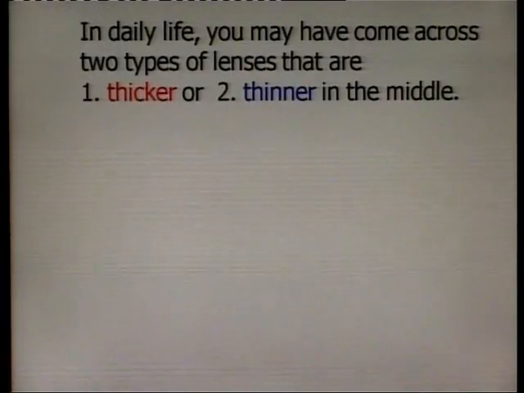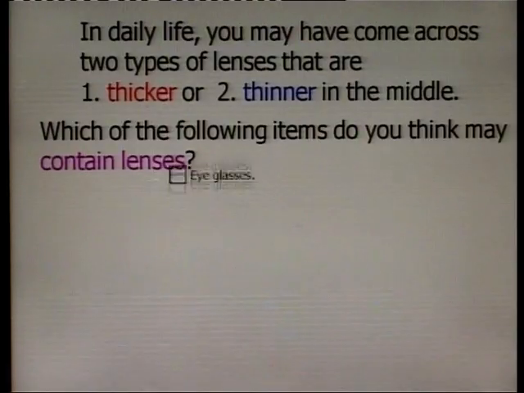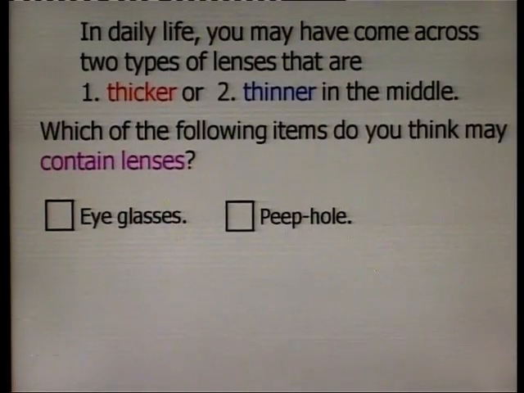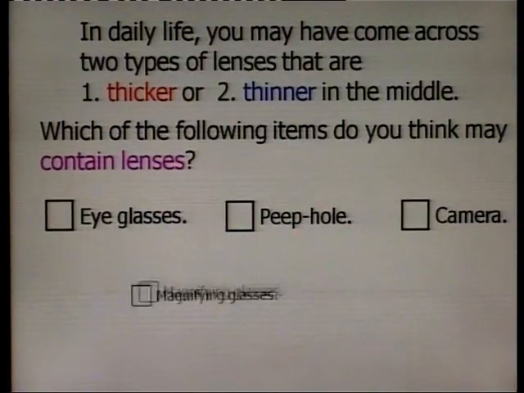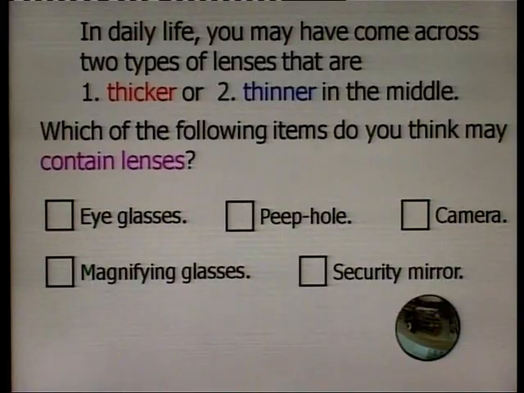In daily life, you may have come across two types of lenses, thicker or thinner in the middle. Which of the following items do you think may contain a lens? An eyeglass, a peephole, a camera, a magnifying glass or a security mirror.